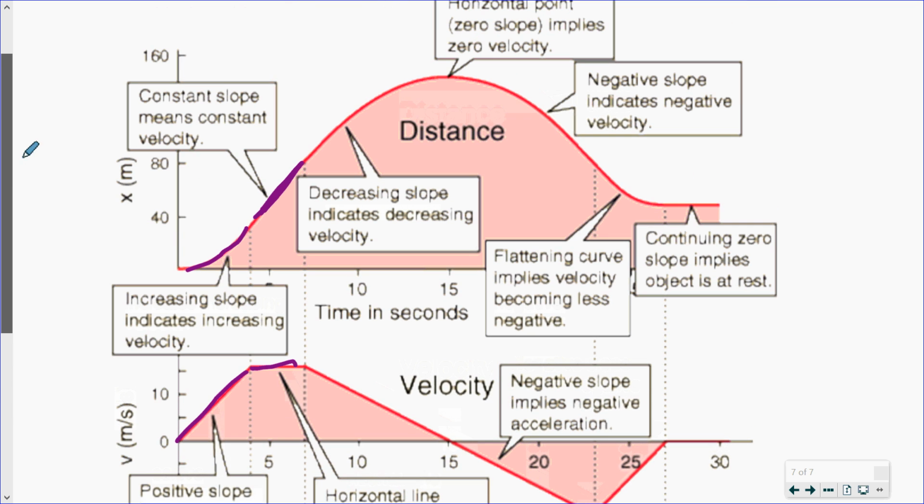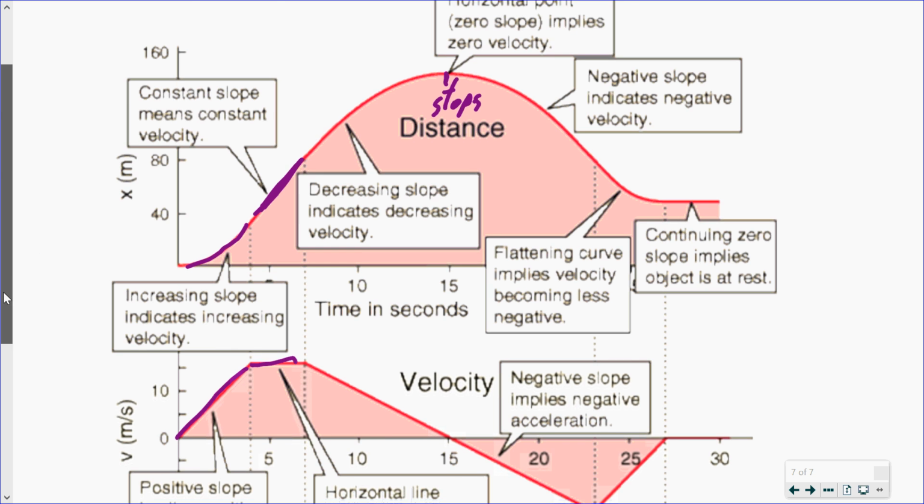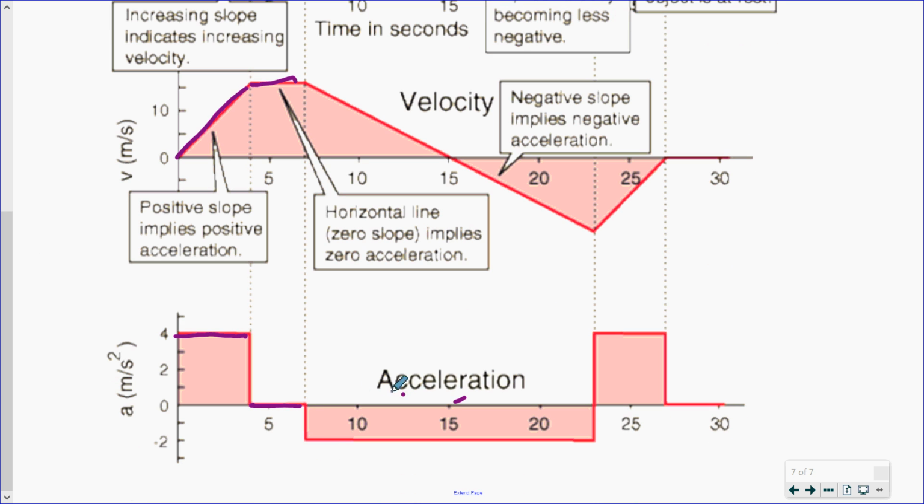So this is an object that speeds up, goes in one direction, and then it slows down, and then it stops right here, and it goes back. So when it curves down, it's slowing down. The velocity is decreasing, and because it's slowing down, we get a negative acceleration.